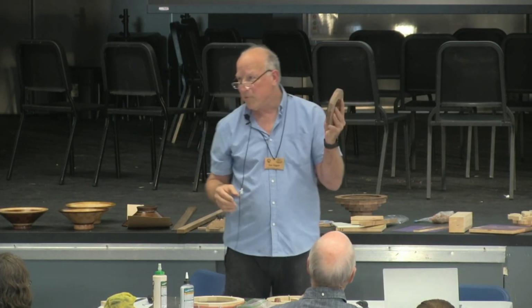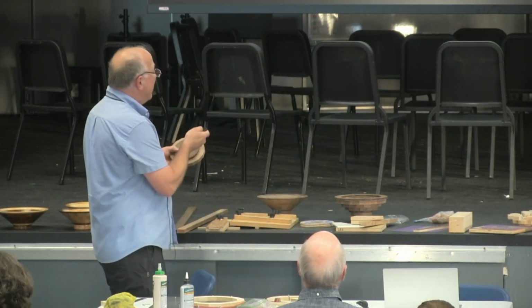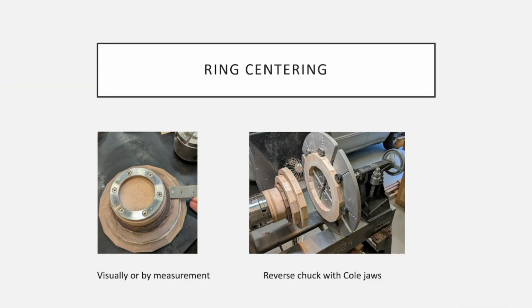Or you can use a ruler, and that will get you pretty close as well. What I will usually do is I'll just reverse chuck it in my coal jaws and then move it in and put glue on it, right? And move the coal jaws in, use the lathe tailstock to apply the pressure on it. And that makes sure that I've got it nice and centered. Make sense? Okay.